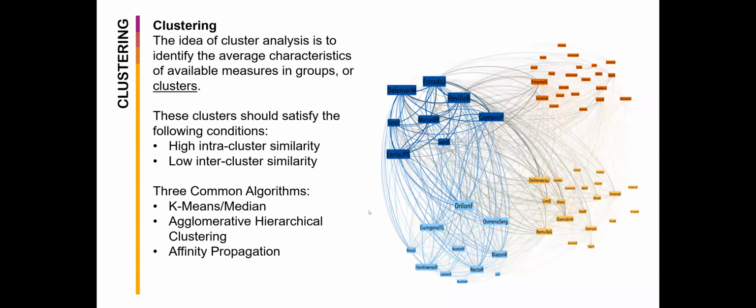Okay. So for clustering, the idea of course, this type of activity is to understand natural groups or clusters. It is to identify the average characteristics of available measures in groups. So for example, what is the description of the dark blue group versus the orange group versus the yellow group versus the light blue group.